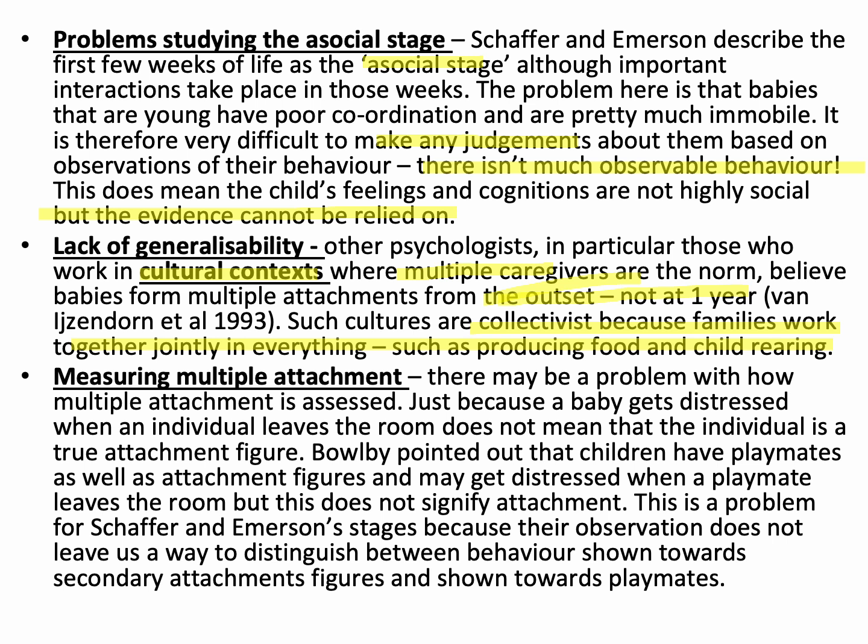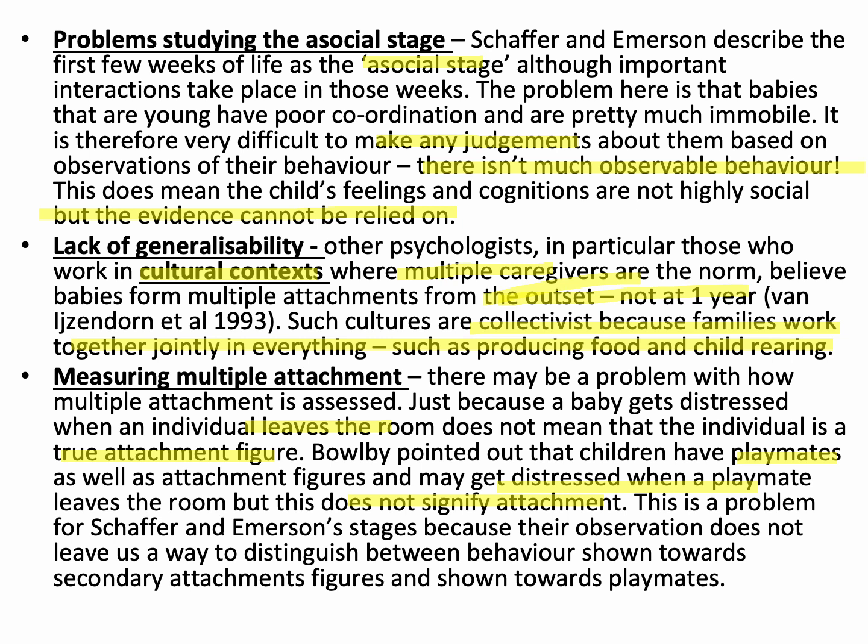And then measuring multiple attachments, there might be a problem with how it's assessed. Just because a baby gets distressed when an individual leaves the room, it doesn't mean that they're attached to them. So Bowlby, who we will look at in future videos, pointed out children have playmates as well as attachment figures. So they could get distressed when a playmate leaves the room, but it doesn't mean that they're attached.